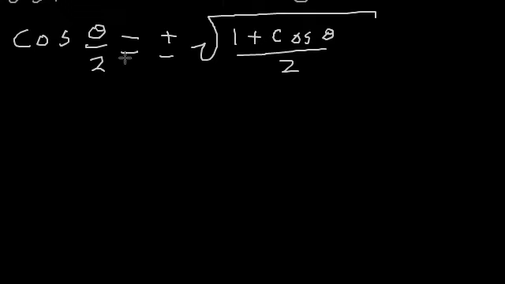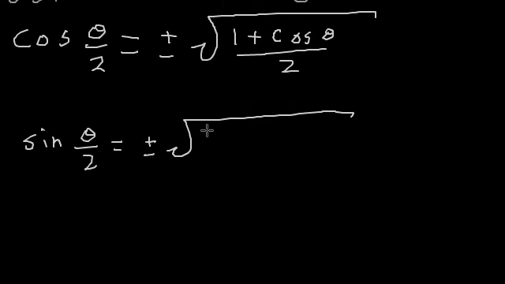Cos of theta over 2 equals plus or minus the square root of (1 plus cos theta) over 2. And the sine of theta over 2 equals plus or minus the square root. This is the interesting thing, we're going to do cos again, except it's going to be minus, over 2.